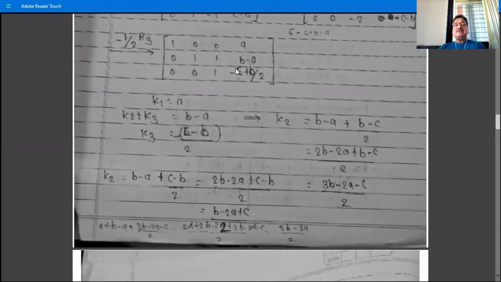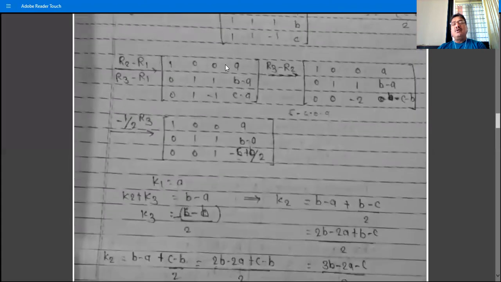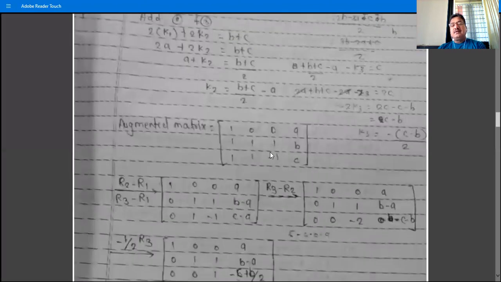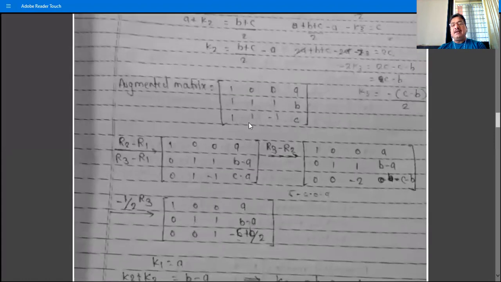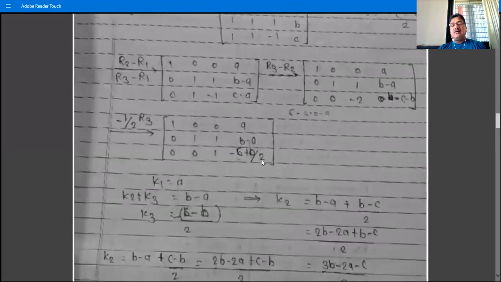Okay, and this is an echelon form of this matrix AB. And what is the rank of AB? This whole matrix is the echelon form of the matrix AB. So how many non-zero rows are in this matrix? 1, 2, and 3. All these 3 are non-zero rows, and therefore rank of AB is 3.